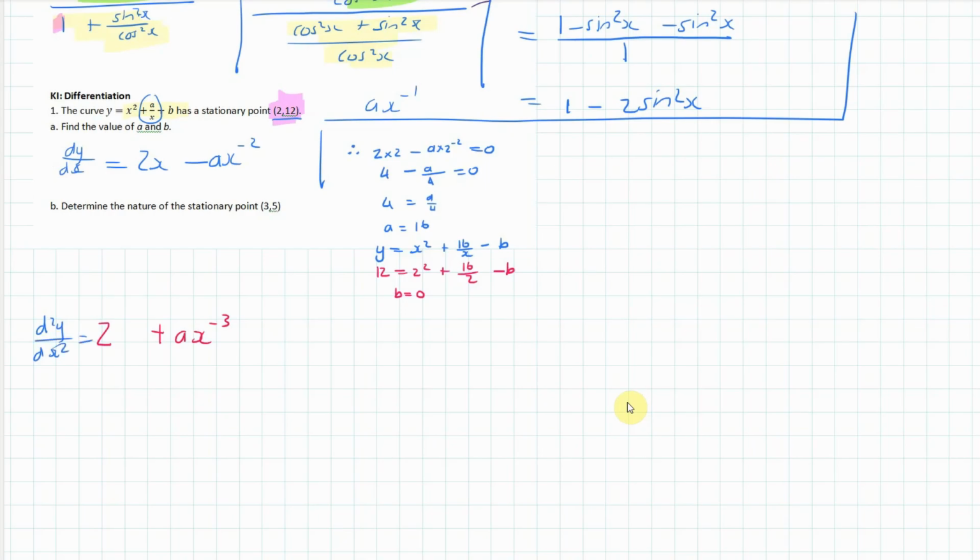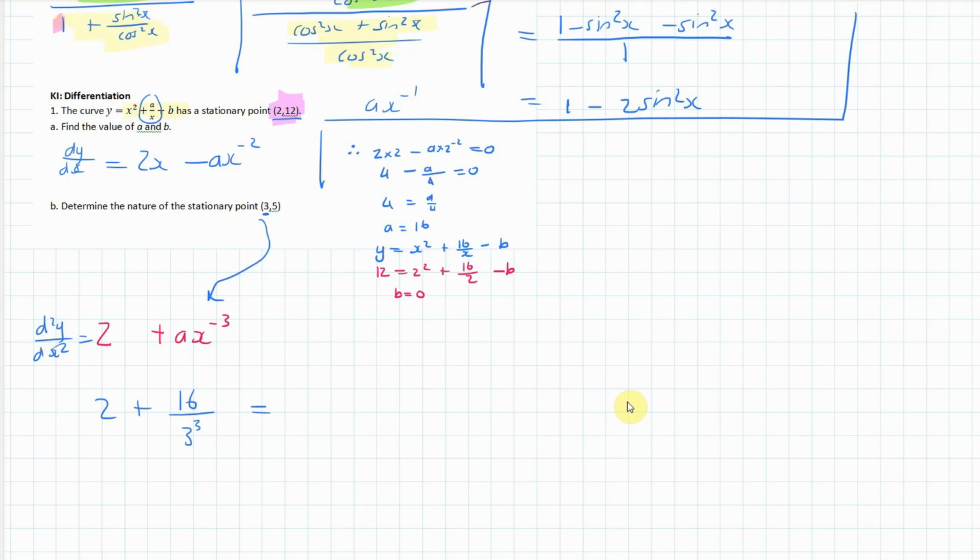Now, all we need to do is pop in this 3, which apparently is a stationary point. So I pop it into here. You go 2 plus, now a we said was 16, so 16 over 3 cubed.